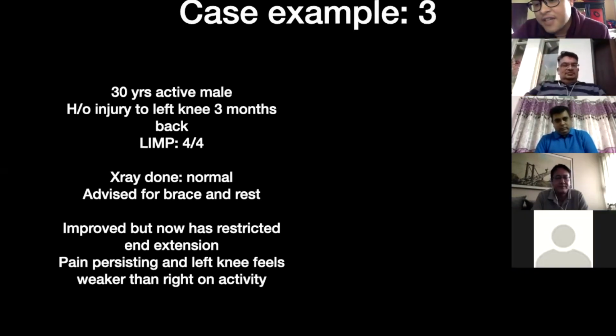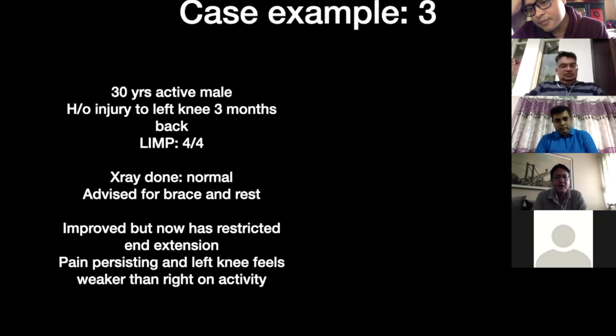He was managed conservatively and is improved from that time, but pain is still persisting. He cannot extend the knee fully, and it has been 3 months.